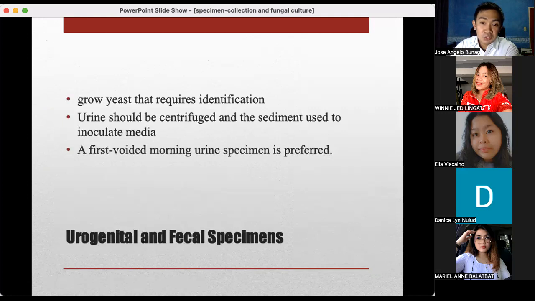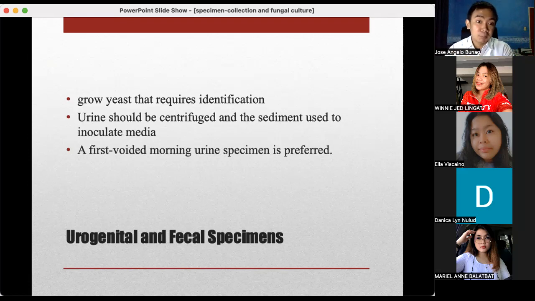Okay, urogenital and also your fecal specimen. Particularly sa urine po, pwedeng tumubo ang mga yeast. So you need to centrifuge the urine specimen and then inoculate them to the media. So this sediment is used to make smear for microscopic examination, and you just need to inoculate that to your media.